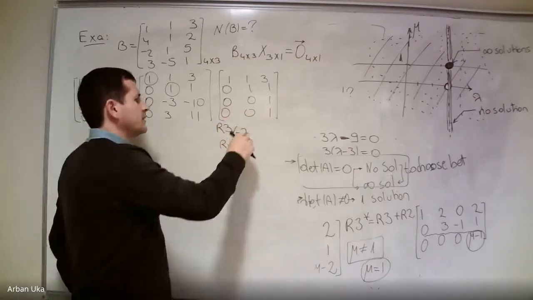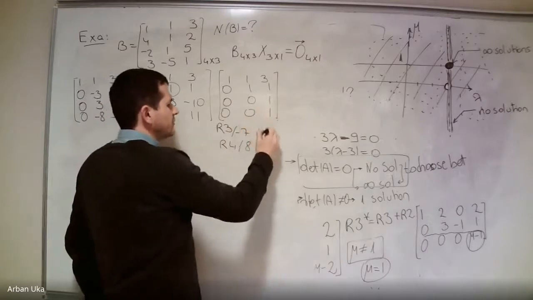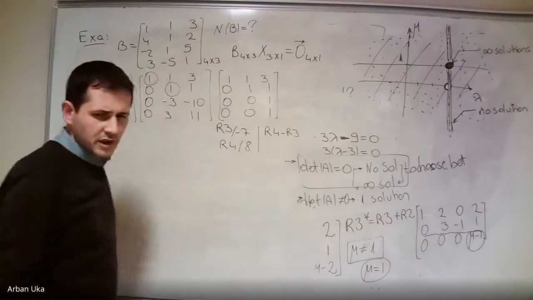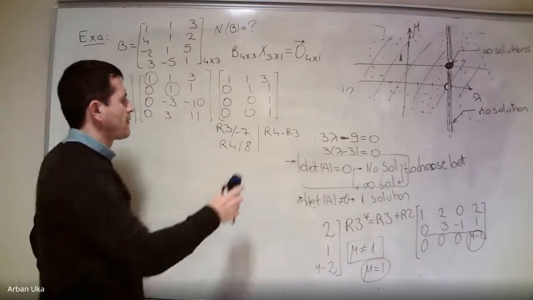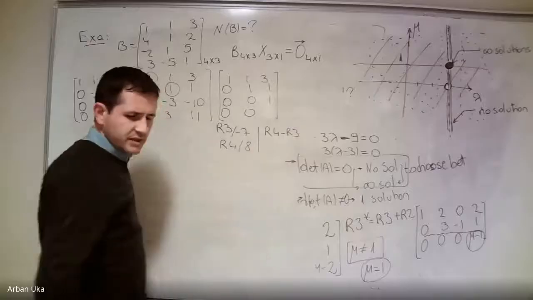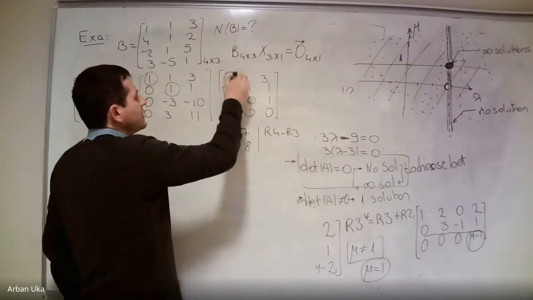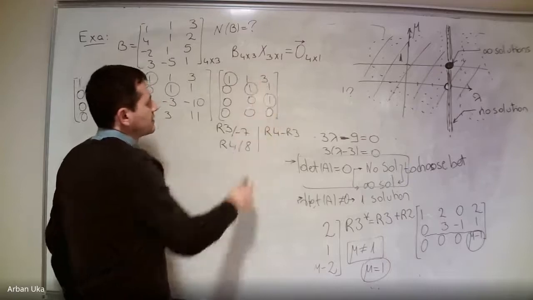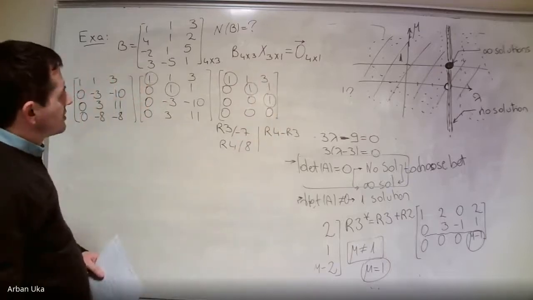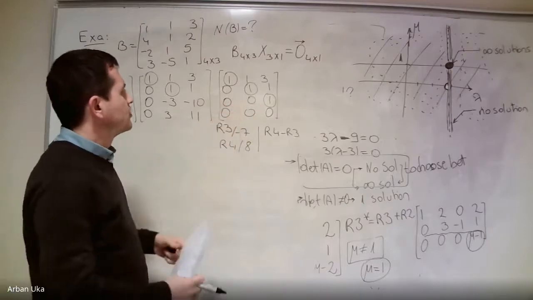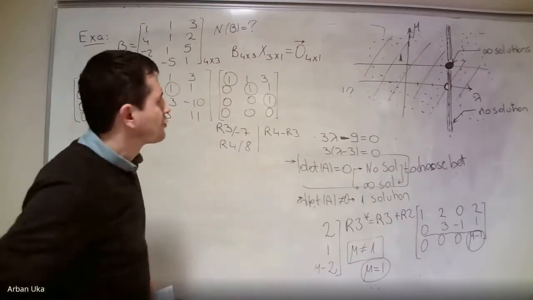So, we can simply do the next step. We can do row 4 minus row 3. What would we get then? 0. That's 0. Thank you. And now, what we observe is that we have these leading ones, okay? If this is the case, this is all zeros. It is easy for us to produce here as the next step.